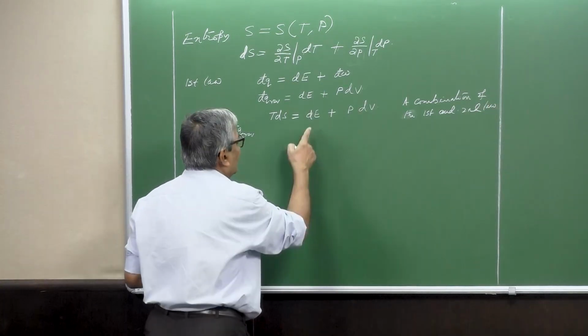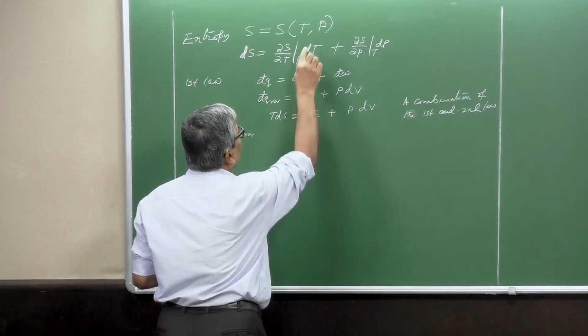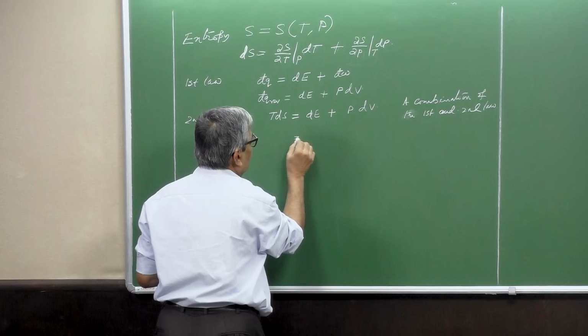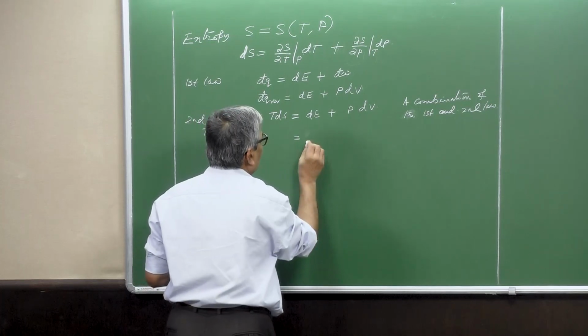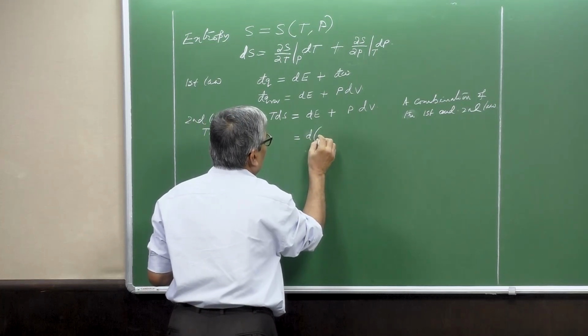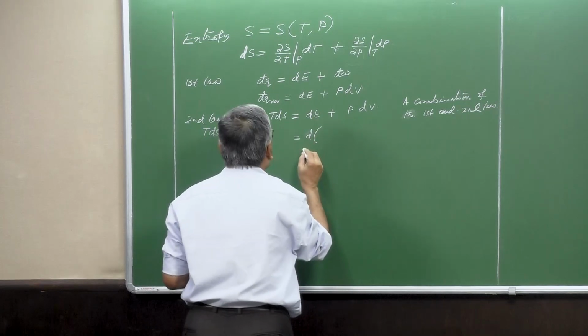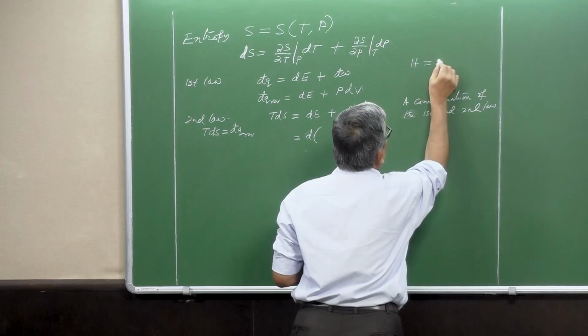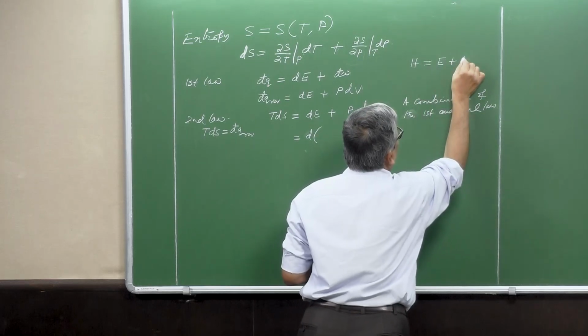Now, since it is a function of T and P, it is often convenient to express this dE in terms of H. We know that enthalpy H is E plus PV.